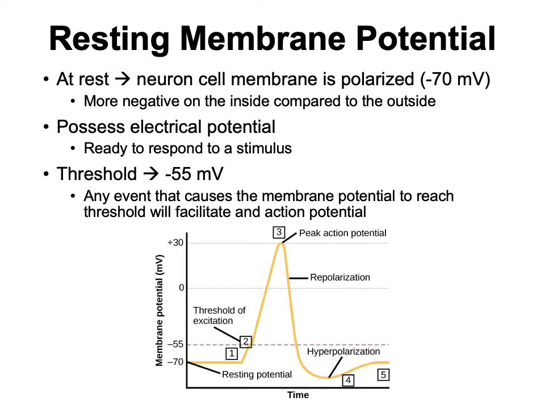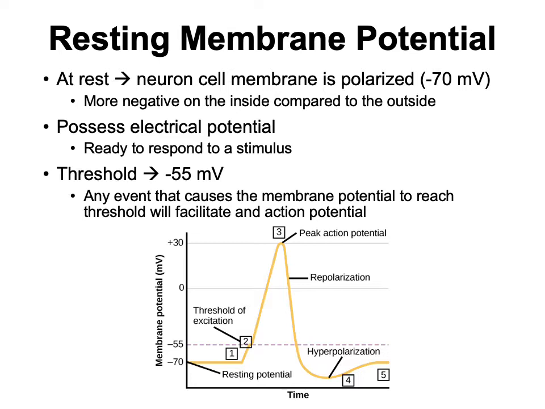If a neuron cell membrane has a resting membrane potential, it will also have a threshold. The threshold for neurons is negative 55 millivolts. So any event that causes the membrane potential to reach threshold will facilitate an action potential. If we look down at the chart, you'll see that it starts with the membrane at negative 70 millivolts, which is resting membrane potential.